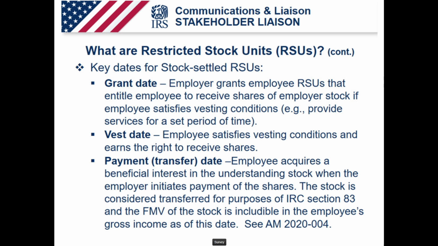The transfer date represents when the employer initiates payment of the shares or cash equivalent is paid out. At this time, the number of shares of stock to be transferred and the fair market value of the stock become fixed and determinable. The stock is considered transferred for purposes of IRC Section 83, and the fair market value of the stock is includable in the employee's gross income as of this date.